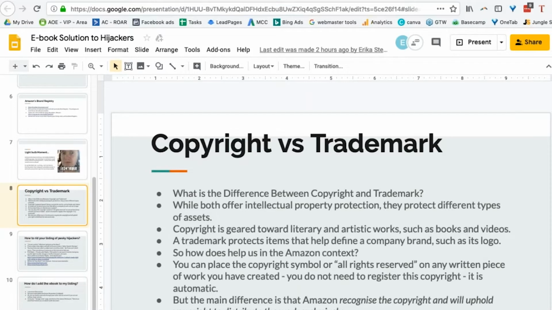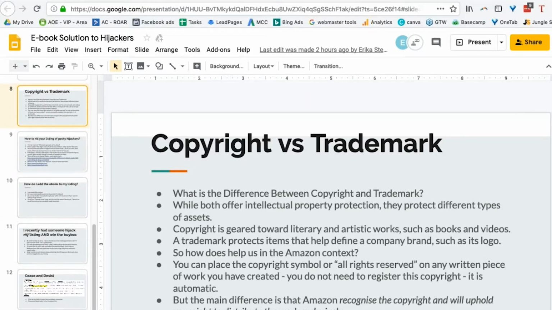So trademark is on a physical product, and it gives intellectual property protection. And copyright is geared towards books, videos, and artistic works. So trademark is a lot harder to get, whereas copyright, you can put just all rights reserved on any written piece of work you created.